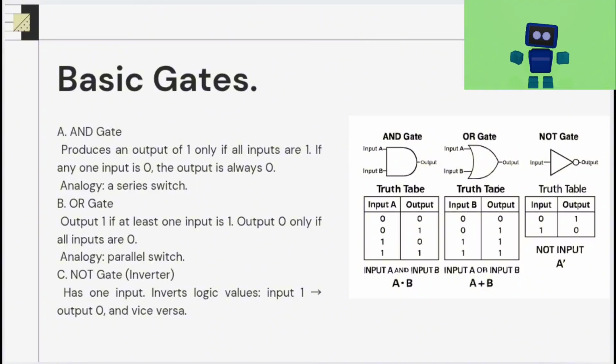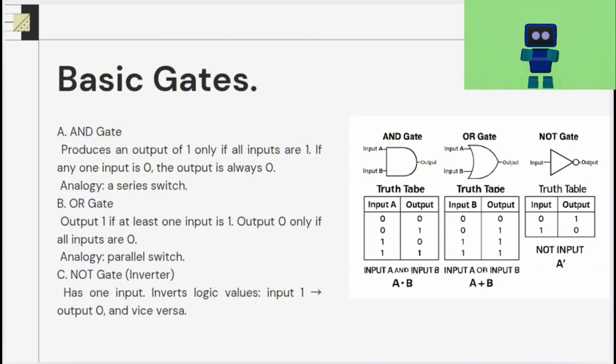In other words, the AND gate represents a logical relationship where all conditions must be met for the result to be true. Function. An AND gate will produce a logic 1 output only if all inputs are logic 1. Output. If even one input is logic 0, the output will be logic 0. Analogy. Similar to switches in series, current only flows if all switches are closed.